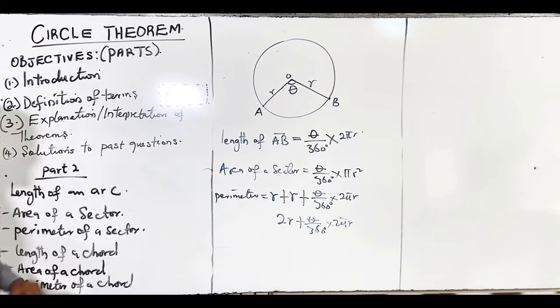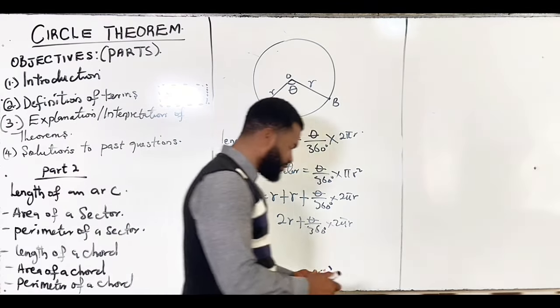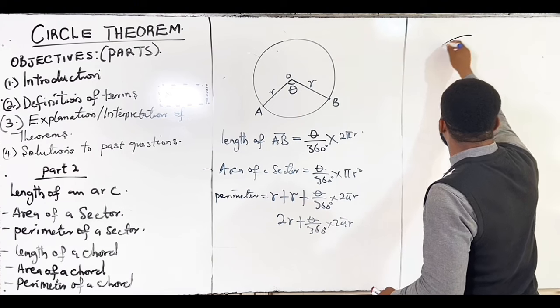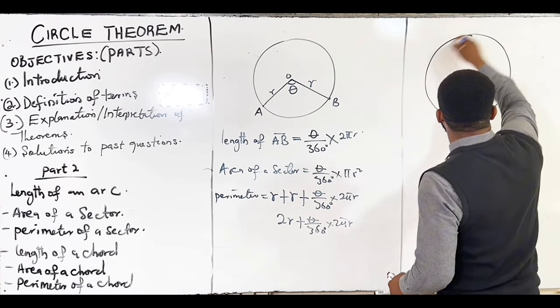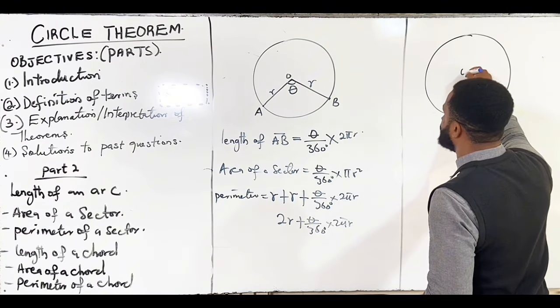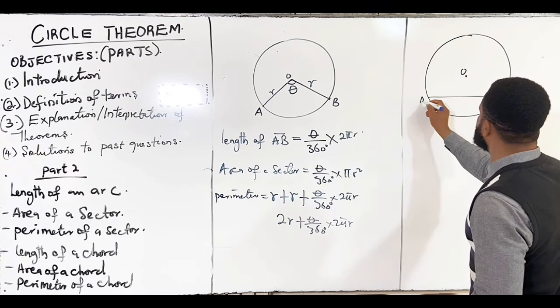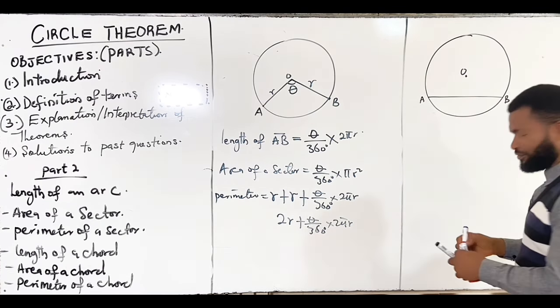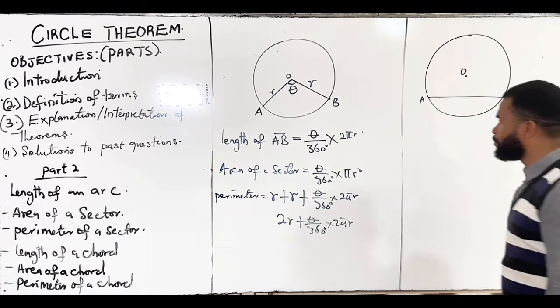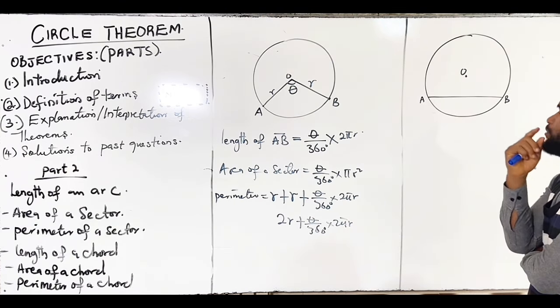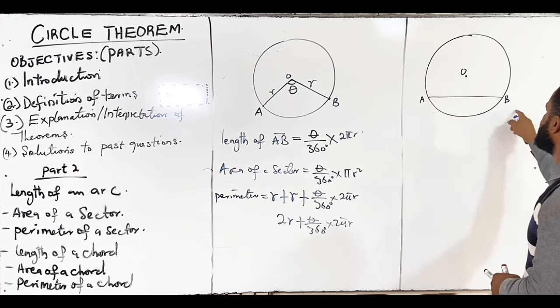Let's talk about the length of a chord. Alright, when it comes to a chord, let's use this circle. This is the center O, and the chord is from here to here. So call it point A and point B. So right now, how do I find the length of AB?